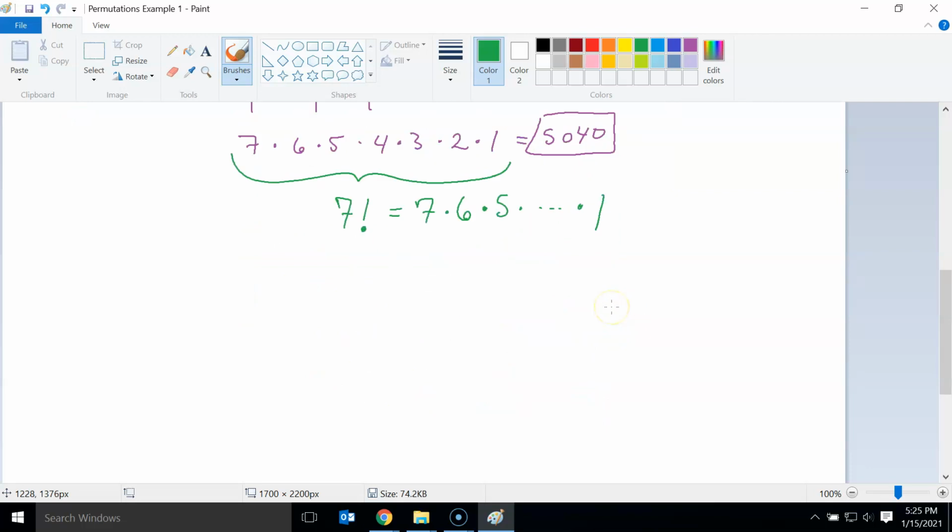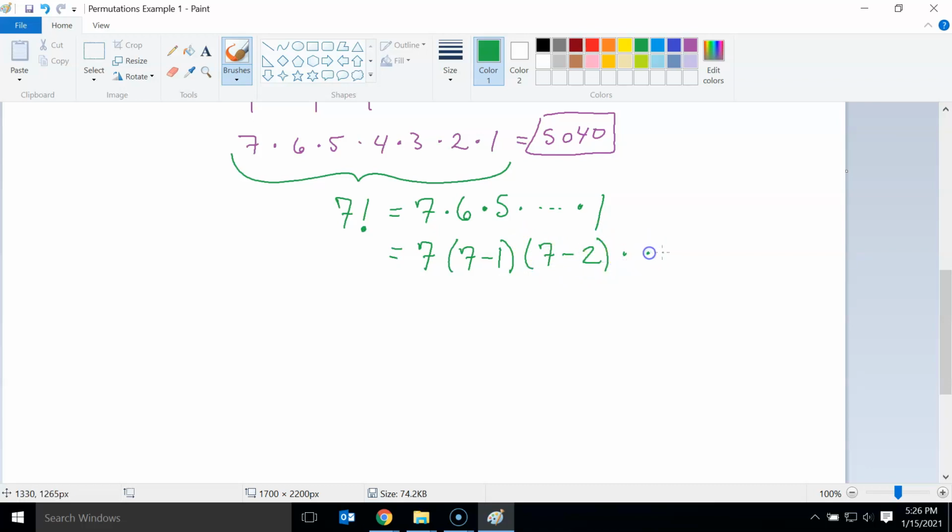Alright, well, we're going to examine this a bit more. Now, let's think about what's happening here. 7, 6, 5, down to 1. Well, 7, that's just 7. 6, how does that relate to 7? Well, it is 1 less than it. 5, well, that would be 2 less than 7.